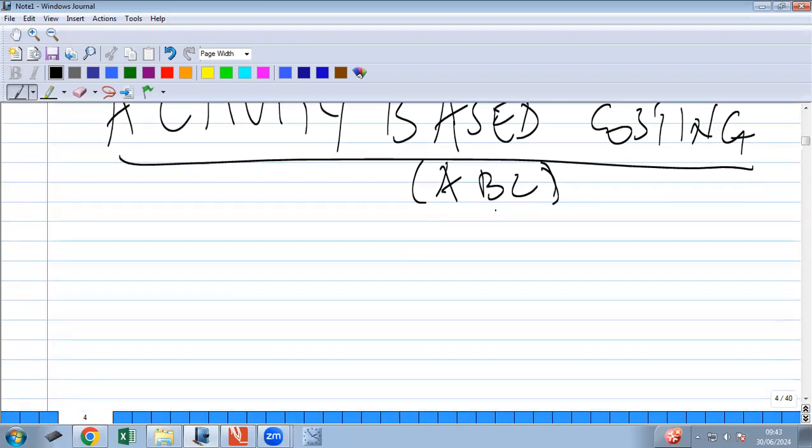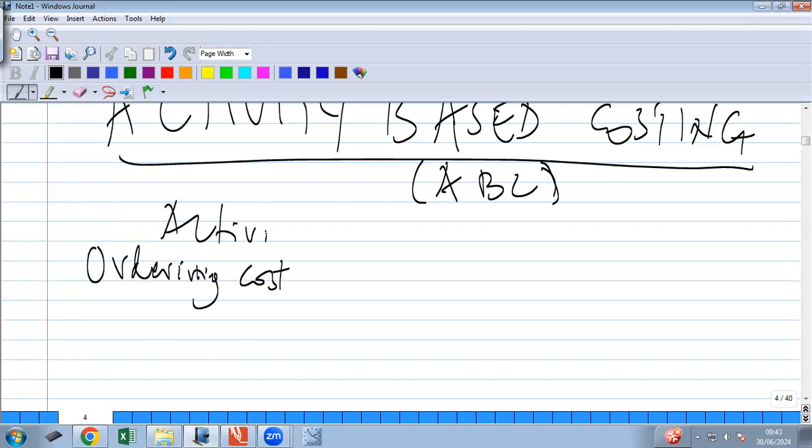So in an organization, of course, if you have ordering costs, for example, as an activity, now we have the cost driver. The cost driver is a factor which causes these costs. If you have ordering as an activity, you're going to have a number of orders.